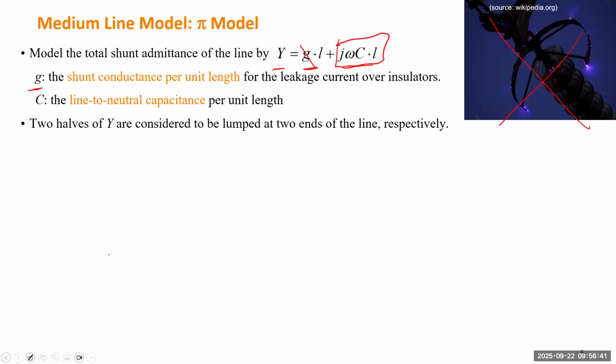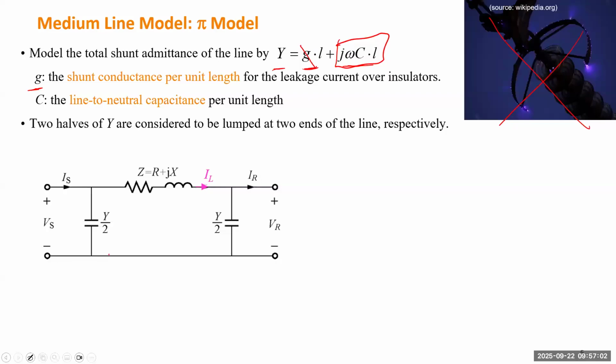All right. To balance the left and the right hand side of the transmission line, we split the total shunt admittance Y into half, and on each side we treat it as a lumped model. So we'll have this pi model.